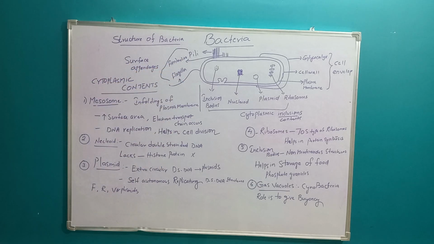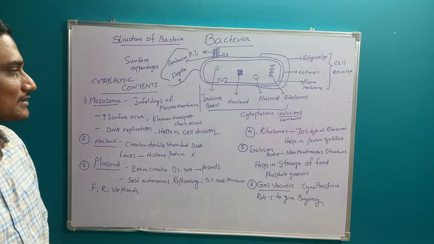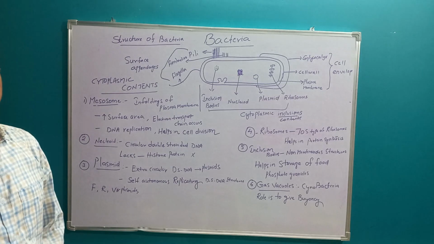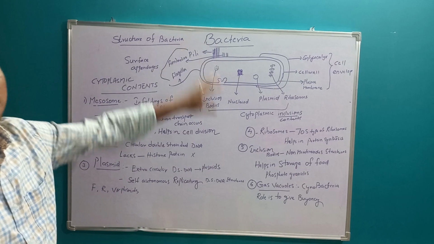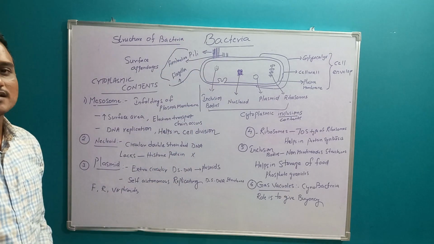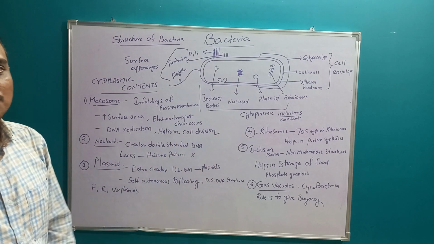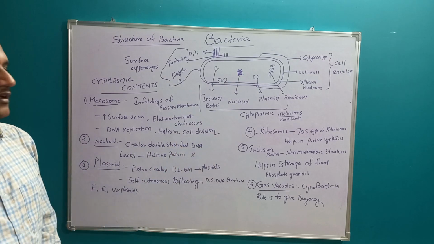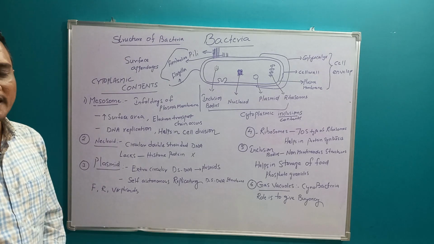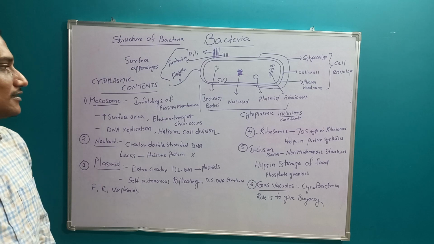This is the detailed structure of bacteria. Further, in lecture 2, we will discuss gram staining, gram positive and gram negative bacteria, and how reproduction in bacteria takes place.